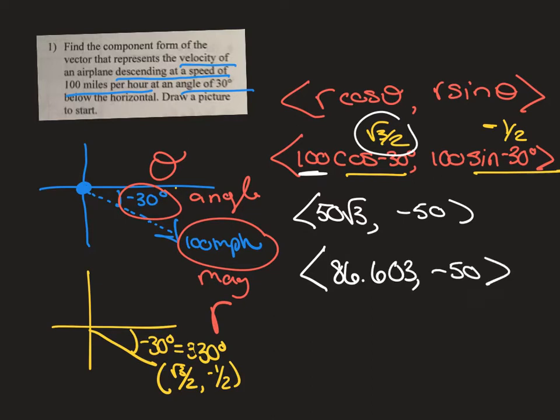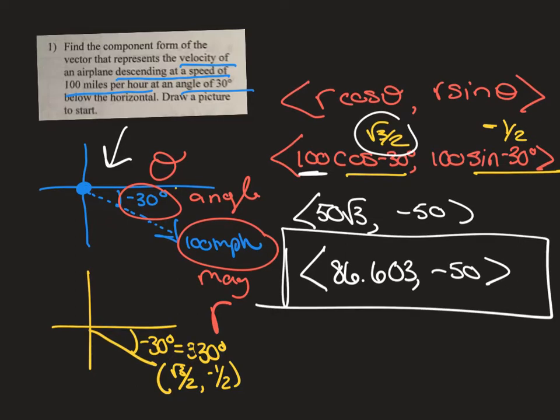And that negative 50 is important because in this picture, I'm going down. So in the fourth quadrant, when I'm going down, my y value should be negative because I'm decreasing my altitude from my height. This is your answer to that problem. Let's go on and do number 2.